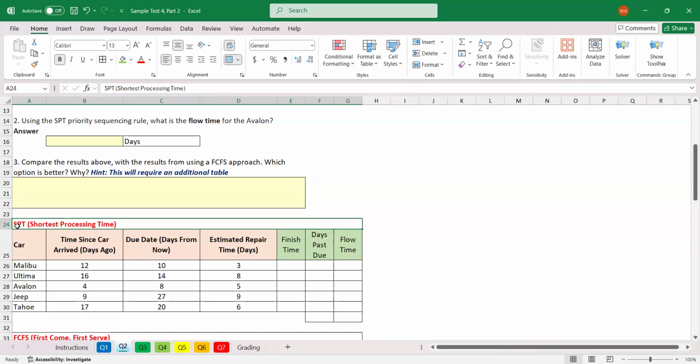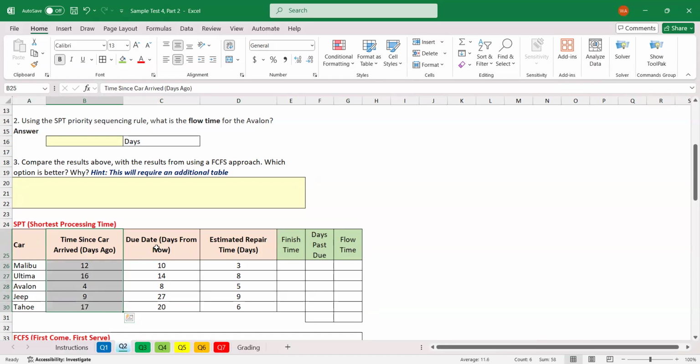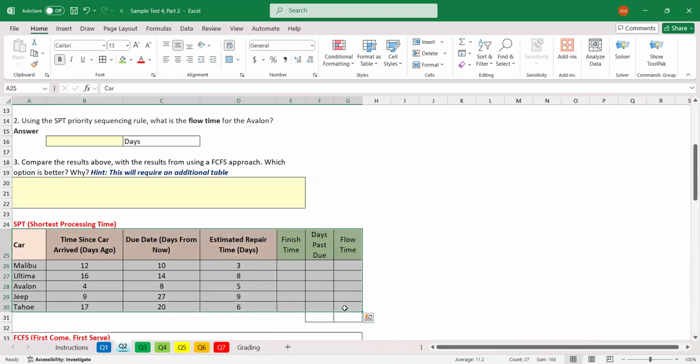So let's start with this is the shortest processing time rule, right? You need to answer the question of which column between these 3 here has to do with processing time, how much time it takes to process this specific product. In this case, I think estimated repair time is the same as processing time. I'm going to sort, and if I don't see you sorted your data, I'm going to deduct some marks for that, because you need to sort your data and have the car that has the shortest processing time at the top.